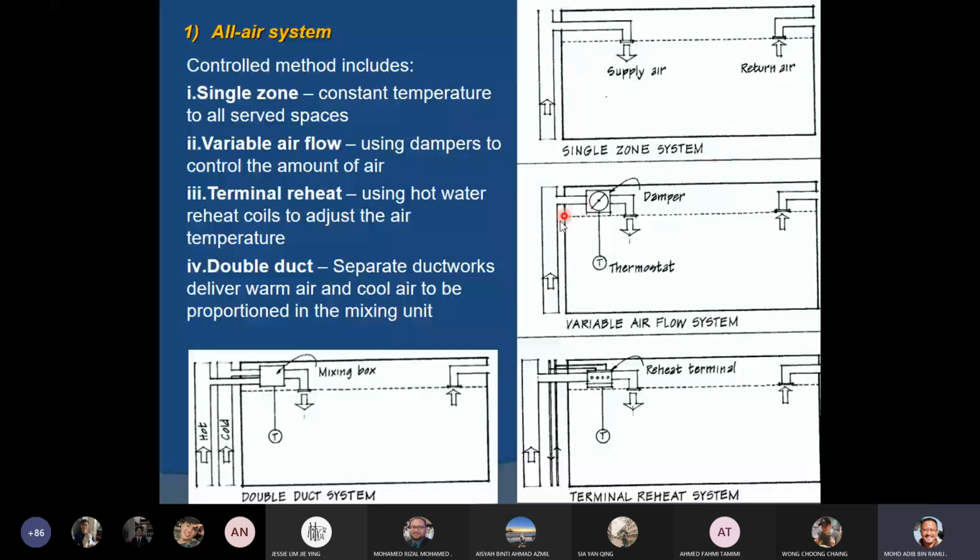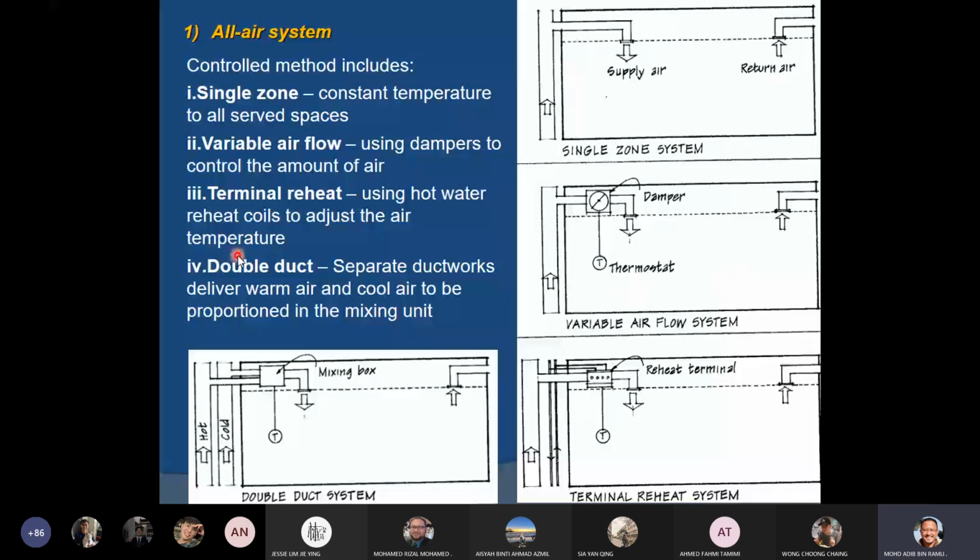But for this variable airflow system, you can control each or maybe several units of the diffuser. So in a certain area, maybe you want the airflow to be slower or lesser compared to the other part of the space. So you can do that, right? But the temperature is basically the same. It's just the amount of airflow that can be controlled.